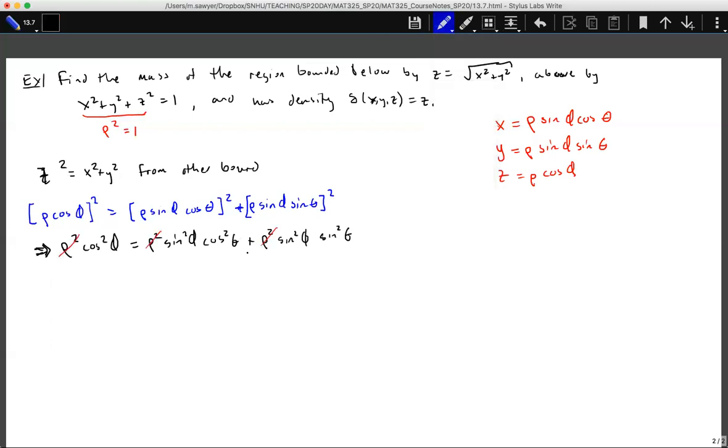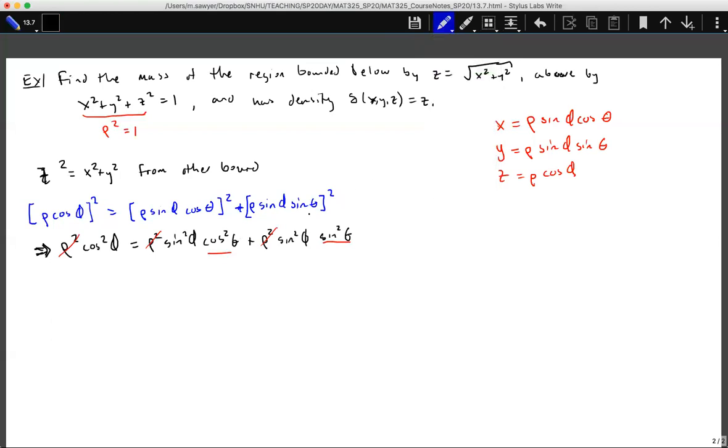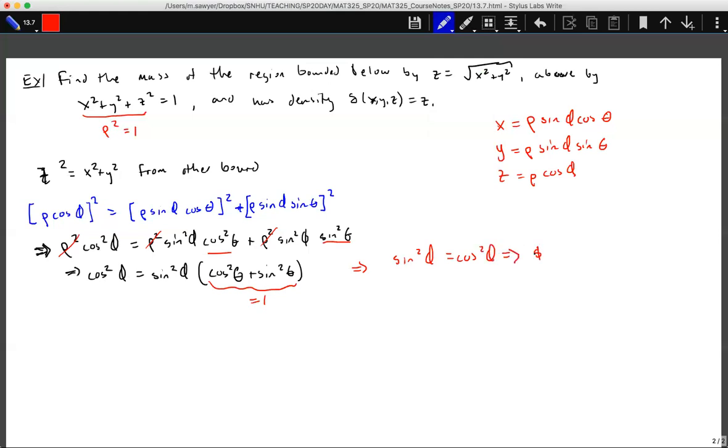And then we can factor out the sine squared of phi, and we're left with cosine squared of phi equals sine squared of phi times cosine squared of theta plus sine squared of theta. But by our Pythagorean identity, this piece is equal to 1. So this gives us that sine squared of phi equals cosine squared of phi, which means that if we divide both sides by cosine squared, tangent squared of phi equals 1.